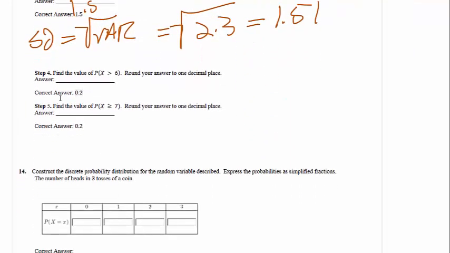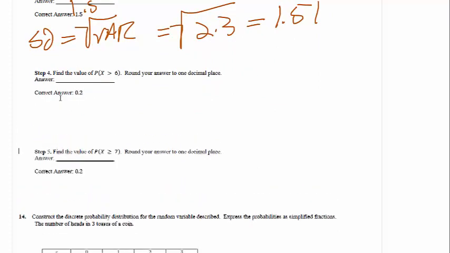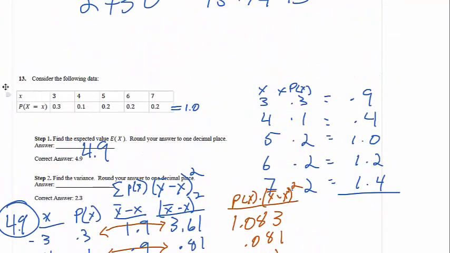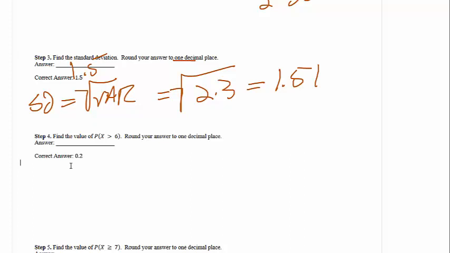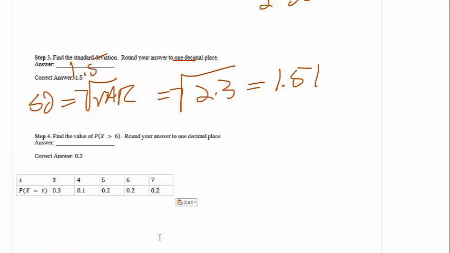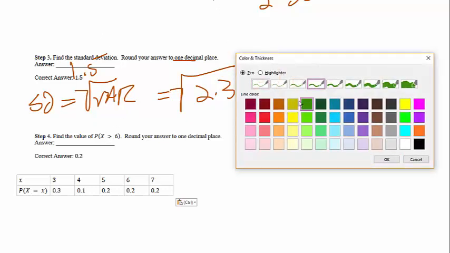Now, find the value of the probability x is greater than 6. Let me copy this over so we're not doing it over and over again. Let's change colors and use purple.